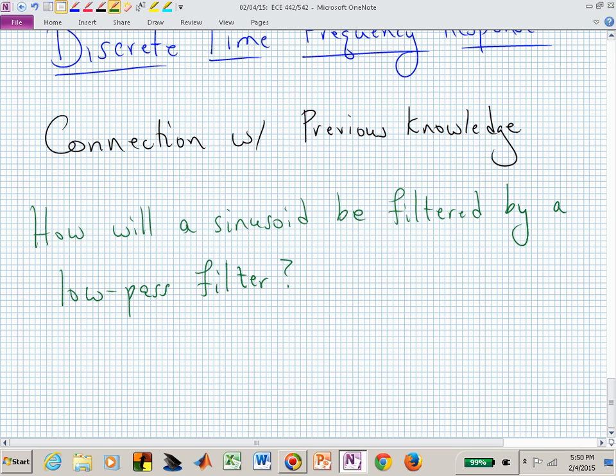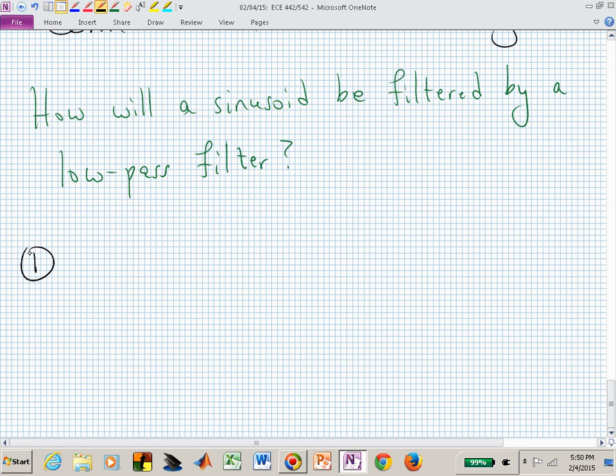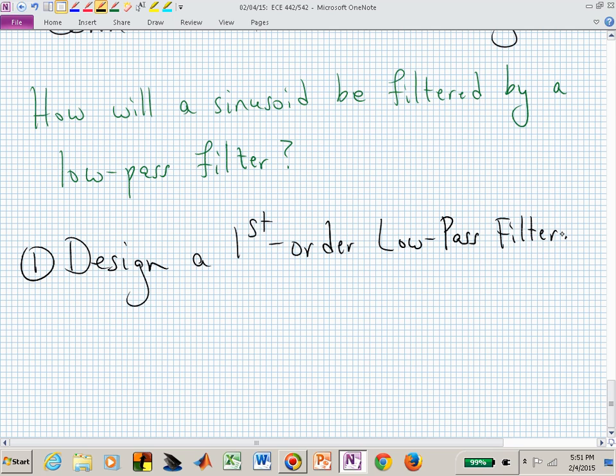And to illustrate that, what I want you to do right now is design a first order, and this is an analog, design a first order low-pass filter. An analog, and it can be passive. Design a first order low-pass filter. Go. This should only take you about 30 seconds.